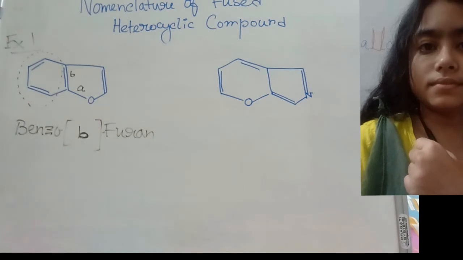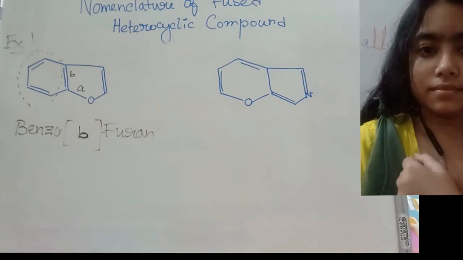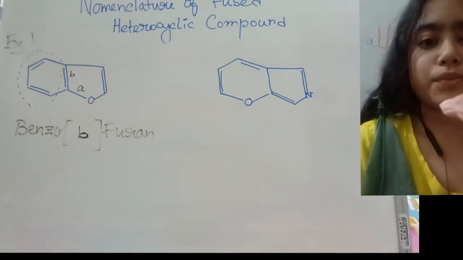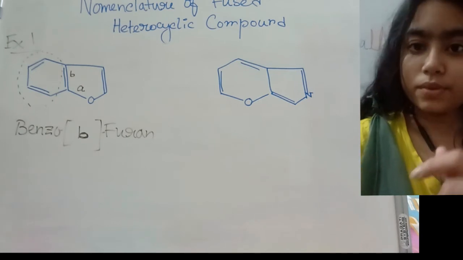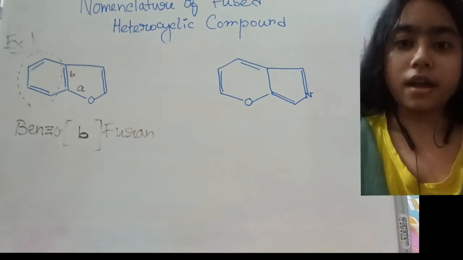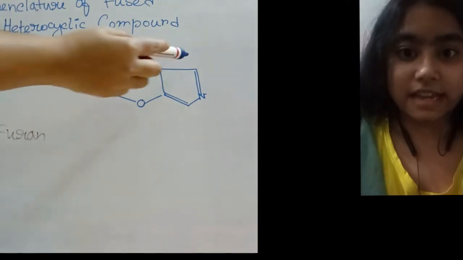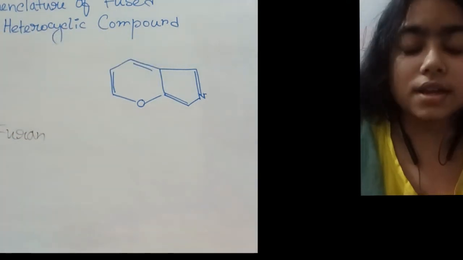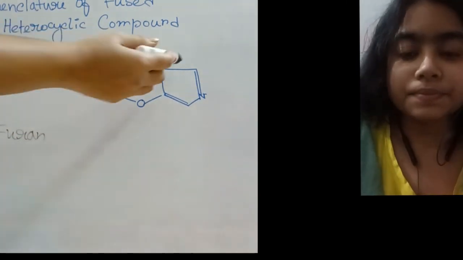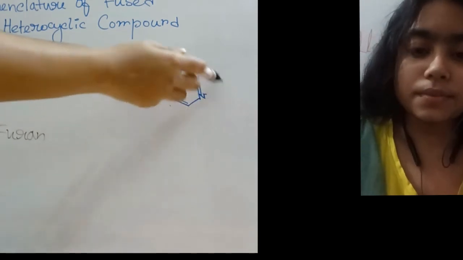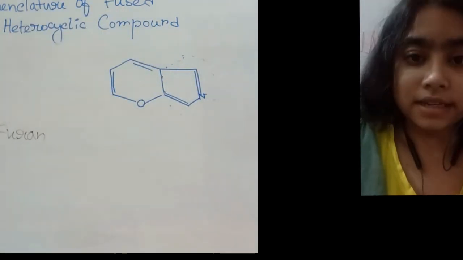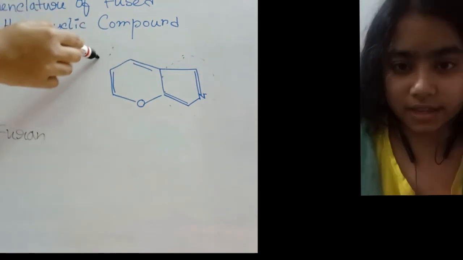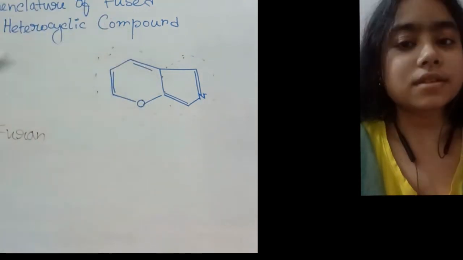I told you before that between two rings, the ring having nitrogen we will prefer as the base component. So here the base component will be the ring that has nitrogen, irrespective of the size of the ring, and the other will be our prefix. So now we will do lettering on that.